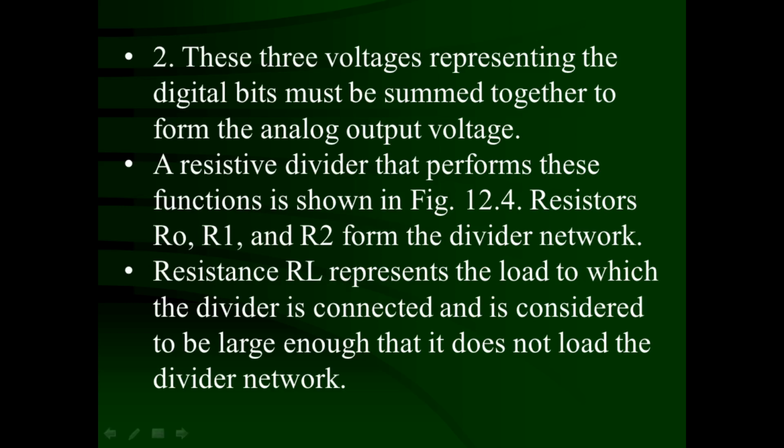A resistive divider that performs this function is shown in figure 12.4. The resistors R0, R1 and R2 form the resistor divider network. Resistance RL represents the load resistance to which the divider is connected and is considered to be large enough that it does not load the divider network.